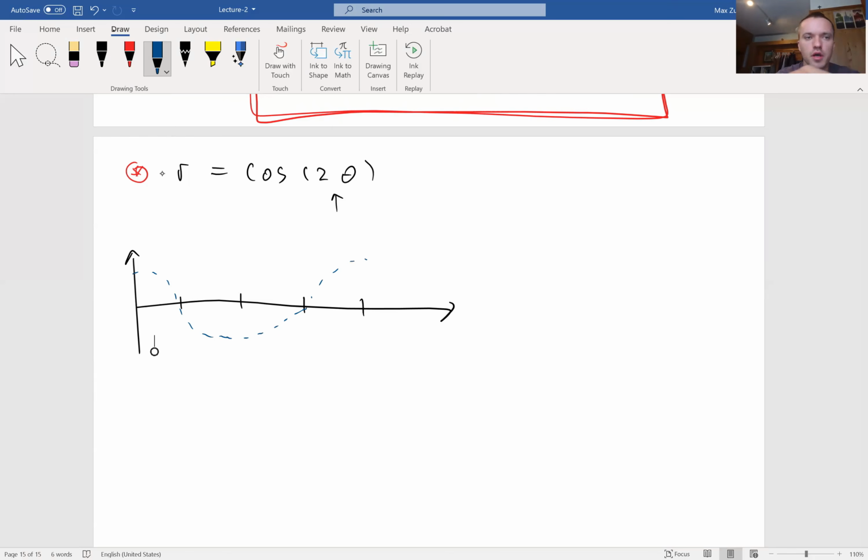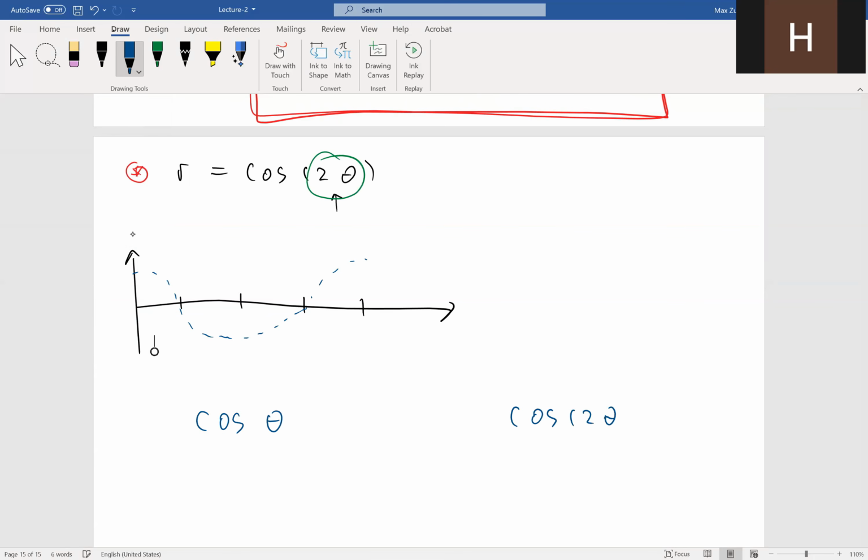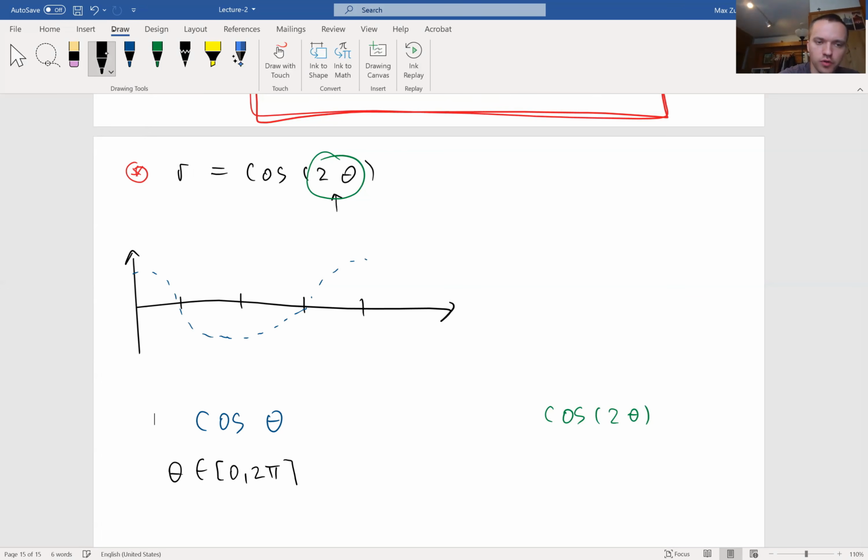Can anyone tell me what is going to happen with that blue wave if I'm going to add 2 in front of theta? So you can see that to cover cosine theta, you need to change your theta between 0 and 2 pi to get all the possible values to get the periodic function.